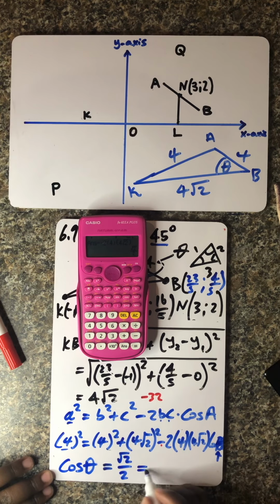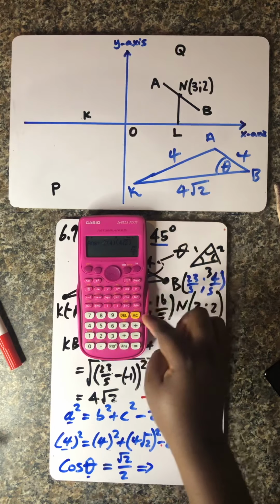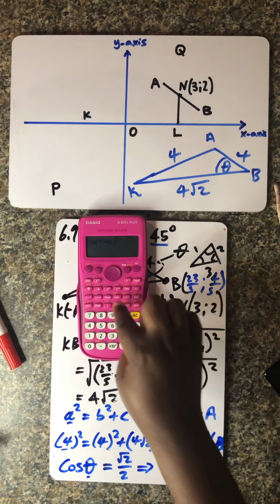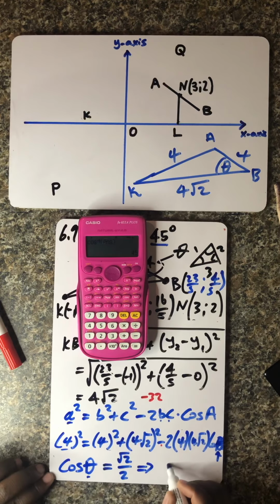Okay, now let's check if the second function of this will be equal to 45. So you can just say shift cos of answer close, it's equal to, ladies and gentlemen, I'm getting 45 degrees.